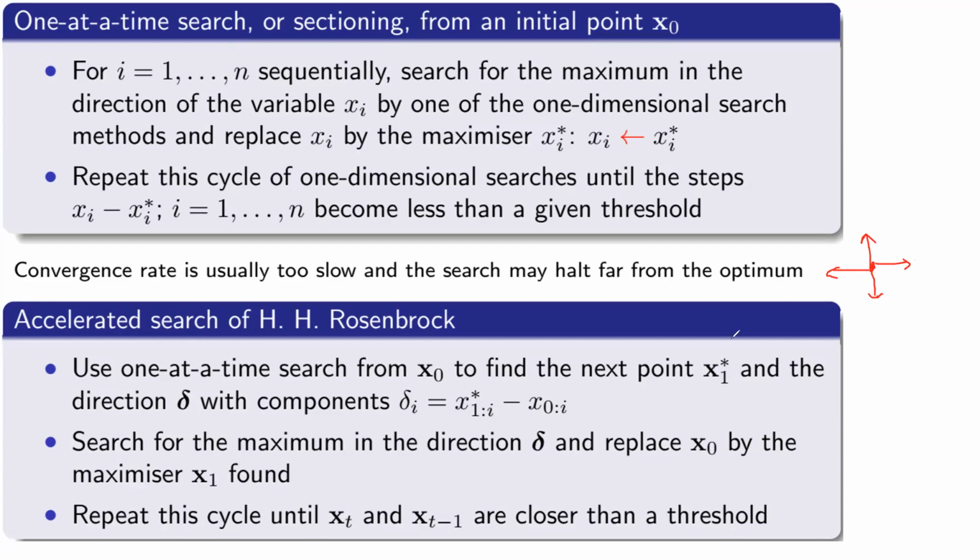So the accelerated search of Rosenbrock proposes, for example, if the value here was 1, this is 5, 2, 4, and minus 1. So we clearly see that the best way is going down. We just go down until it stops improving.